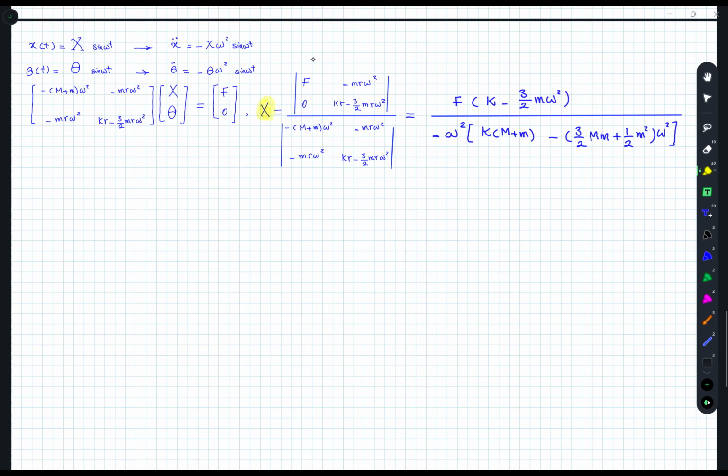In a simplified version. Now that I have x, I can answer the question that the problem asked me. At what frequency is x equal to 0? We set x equal to 0.